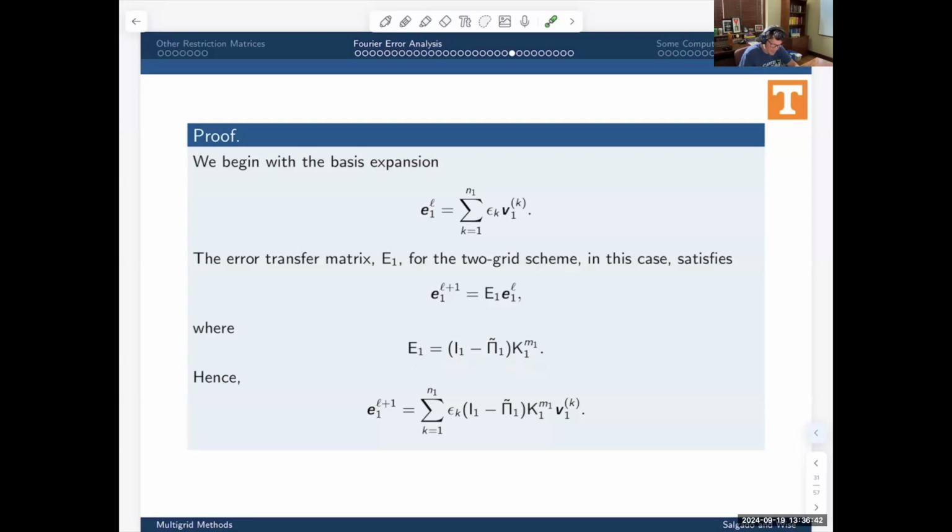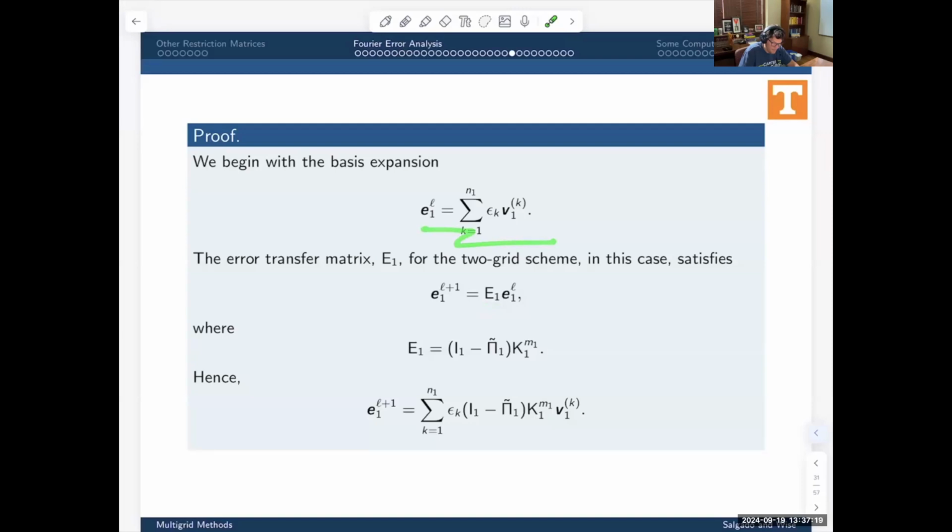And notice that I've lost the symmetry that I established in chapter 2, because the only way I get a symmetric one, in a certain sense, is whenever I have a balance of my smoothing on each side. Here I'm only using the one-sided method, but it's perfectly fine. If I have this expansion in eigenvectors of the stiffness matrix, then to find E1 at L plus 1, I just multiply this error transfer matrix times this expansion.